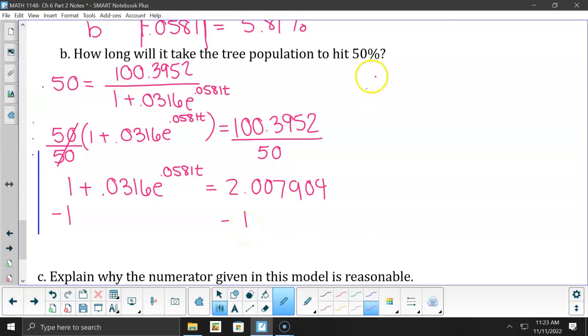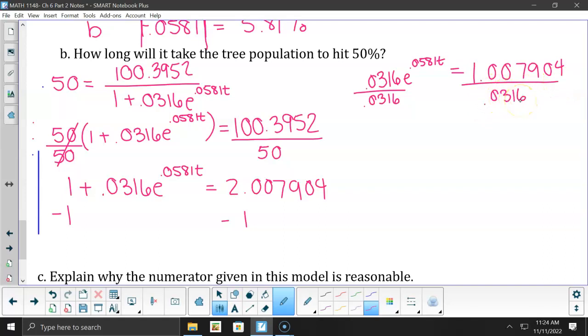All right, divide by this. And then I would just jump straight to natural log of all this crap.